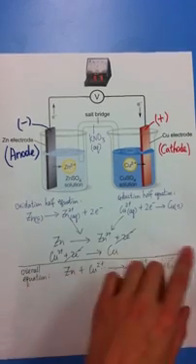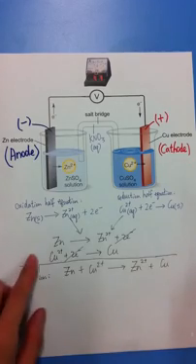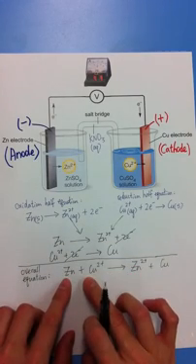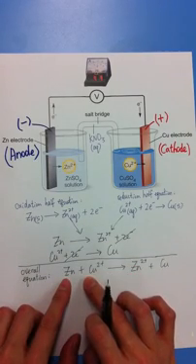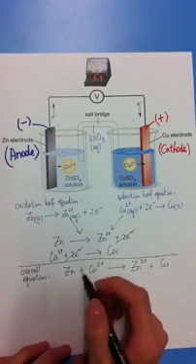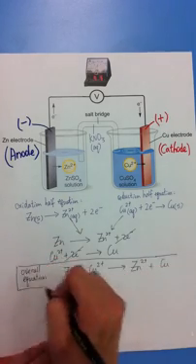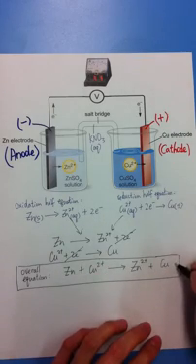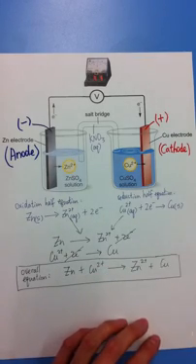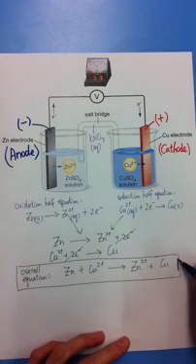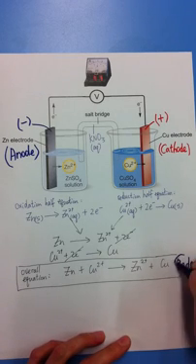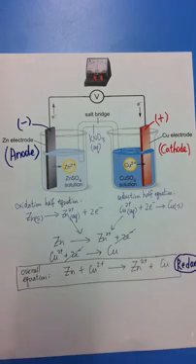So in this chemical cell, they react together, and at the same time, electrical energy is generated. And this equation is called redox, because there are oxidation and reduction in the reaction.